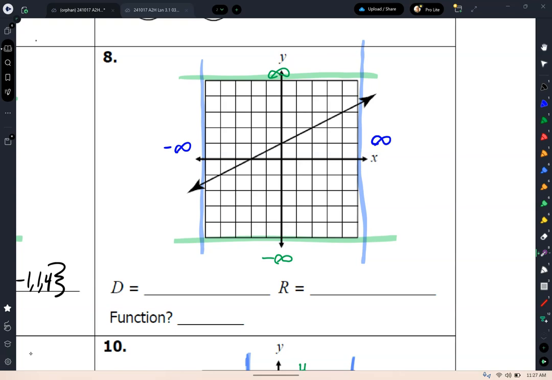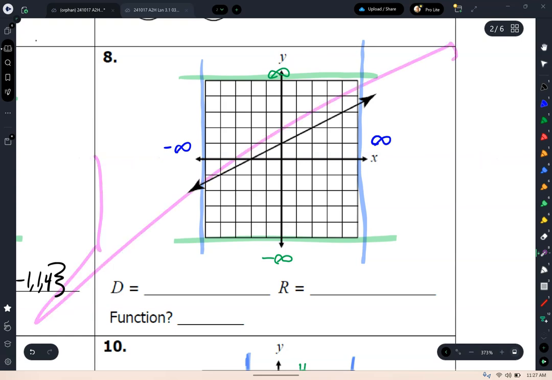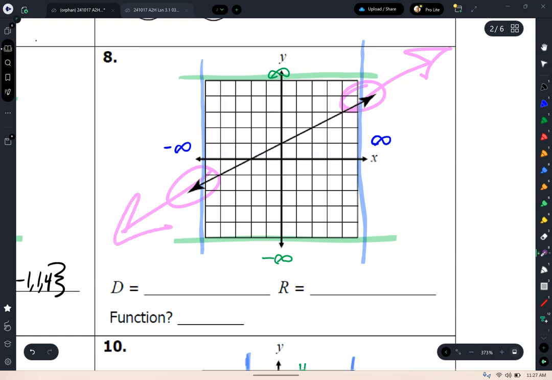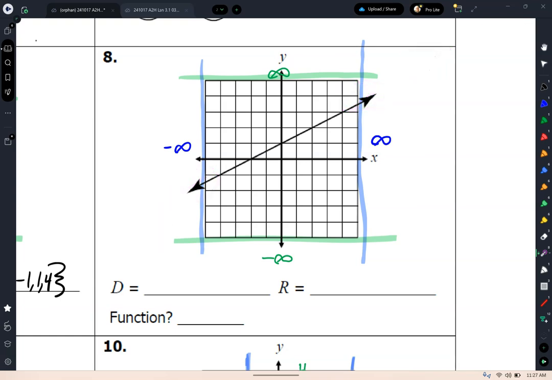Okay, well, is there any point where I could not pick an x value and have it partner up somewhere on that line? Every x value that you could think of, we could go around and I could pull the classroom for x values. Every x value is going to have a y partnership because this arrow continues on and this arrow indicates continuing on, right? So that means every number works. And so the way we state that is we say all real numbers.